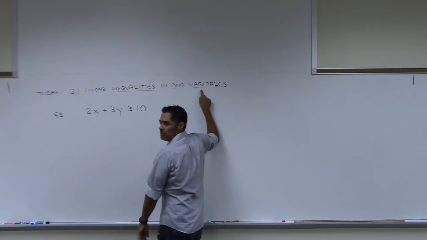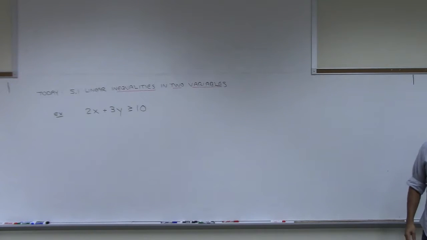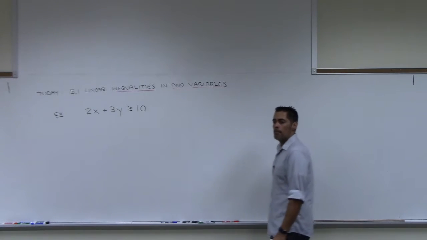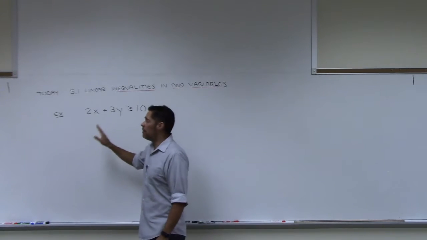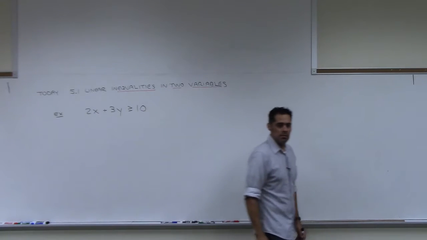Two variables. Yes? Okay. So someone give me an example, an x and a y that satisfy that inequality. We might want to do that in a second, but I'm just asking if you can look at this and mentally give me an x and a y that work.